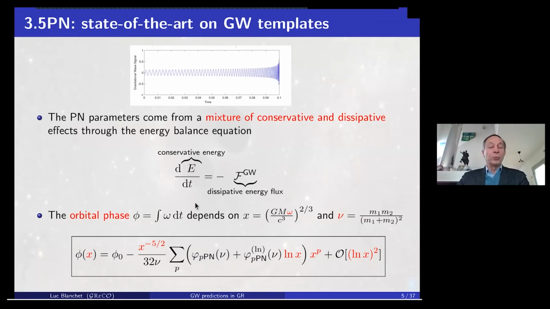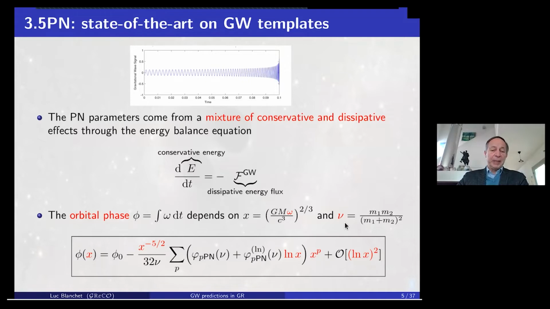So you have a combination of conservative effects and dissipative effects that you equate, and this gives you the time evolution of the orbital phase of the signal that you can express in terms of the orbital frequency of the signal. And each of the post-Newtonian parameters depends on the mass through the mass ratio between the two objects.